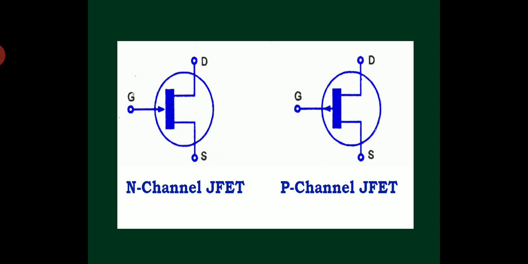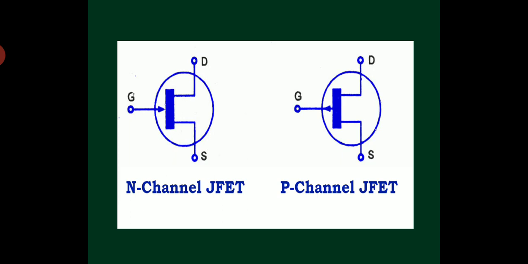As we derived, IC equals alpha times IE, where alpha is the current gain in common base configuration.